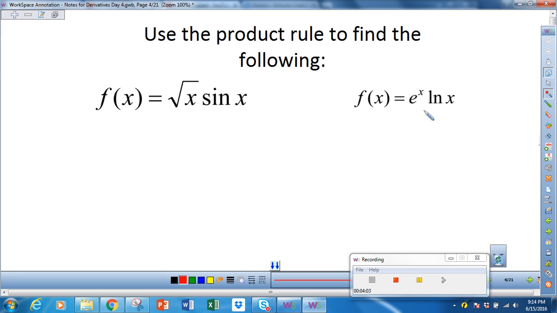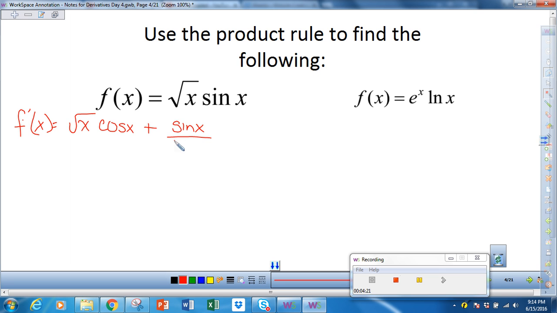Alrighty. You want to pause this and see if you can't do it on your own. It's basically the same thing. We keep the square root of x the same, and then the derivative of sine x is cosine x, and then we keep sine x the same, and we take the derivative of square root of x, which is 1 over 2 square root of x, and that's it.